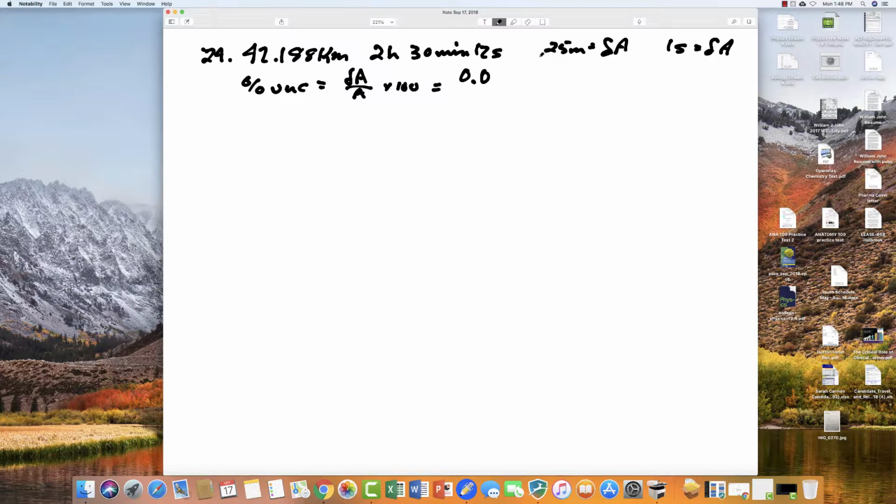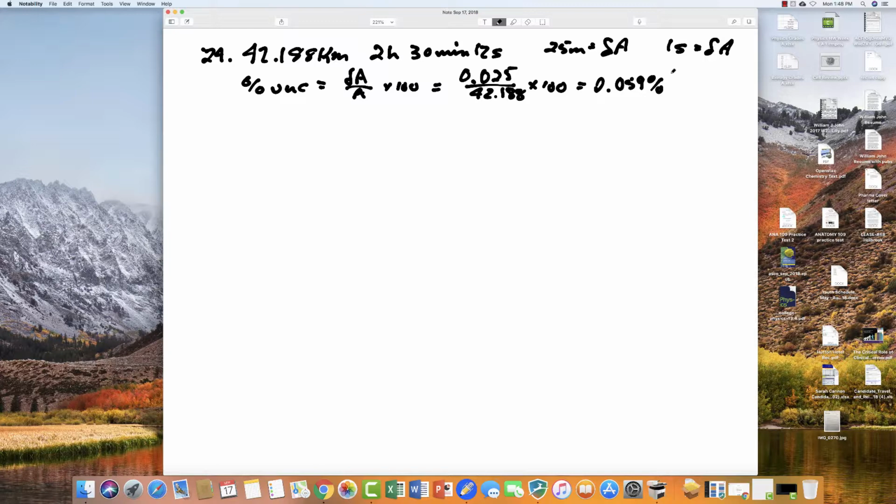So that's going to be 0.025 kilometers divided by 42.188 times 100. Now this is going to have two significant figures. If we do the math here, multiply it by 100, we get a percentage uncertainty of 0.059%.